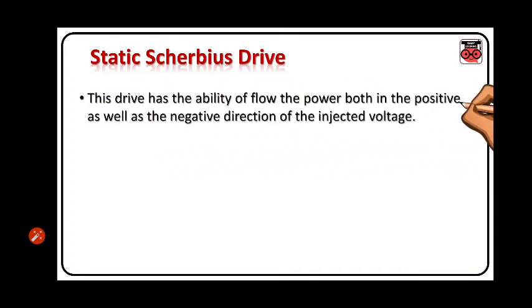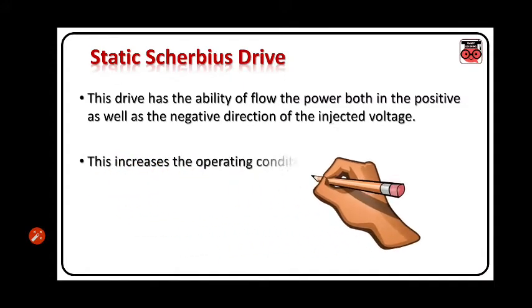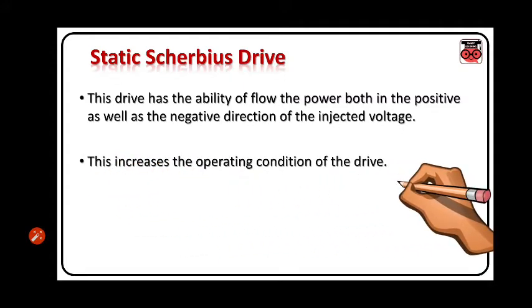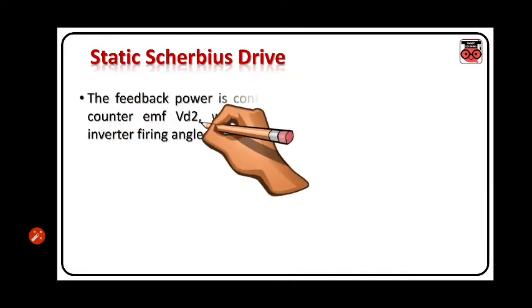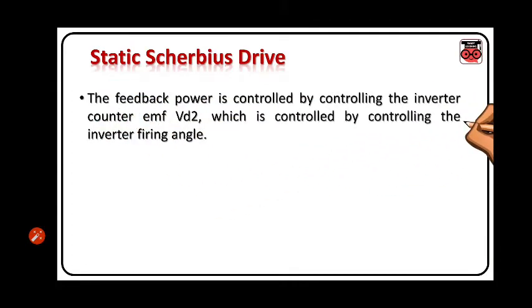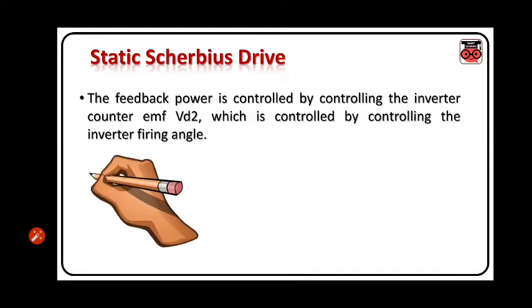This drive has the ability to flow power in both the positive as well as the negative direction of the injected voltage. This increases the operating range of the drive. The feedback power is controlled by controlling the inverter counter EMF Vd2, which is controlled by controlling the inverter firing angle.